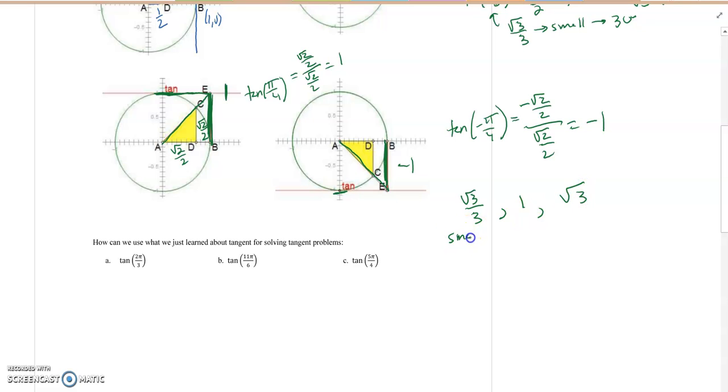Root 3 over 3 is the smallest, and it goes with the 30-degree reference. 1 is medium, and it goes with the 45-degree reference, or pi over 4 reference. And root 3 is the biggest, and it goes with pi over 3, or 60 degrees. That's the biggest number, and that's the biggest ratio.